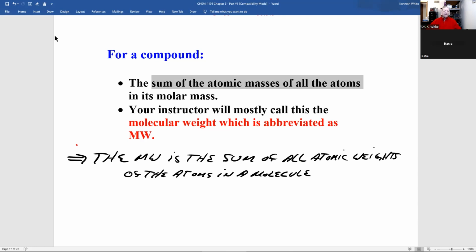So the molecular weight, MW, is the sum of all atomic weights of all atoms in a molecule.